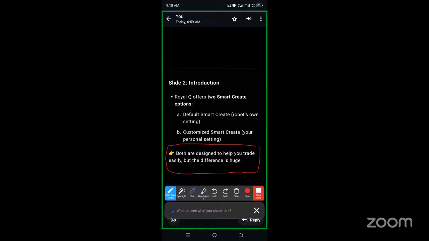I want to mark this so everybody can understand. Both of these 2 ways of Smart Create in the robot are designed to help you trade easily, but the difference is huge. What I want you to mark is this one. The difference is huge.